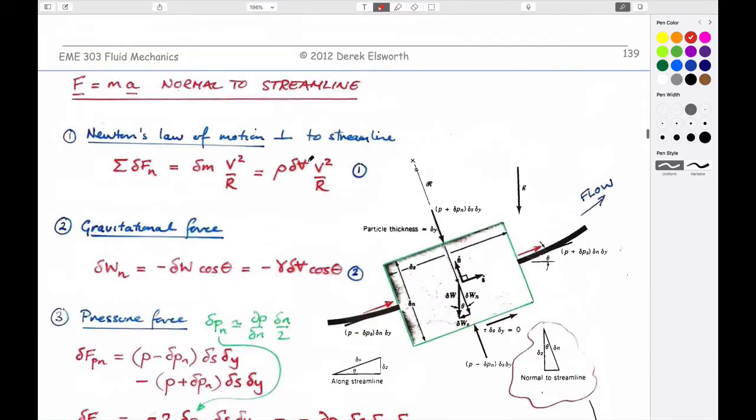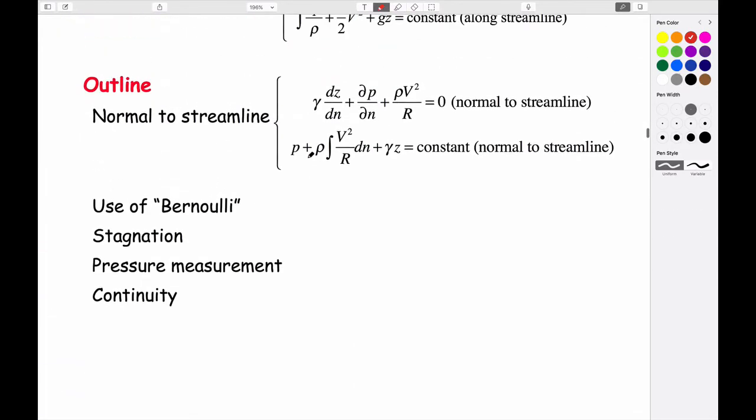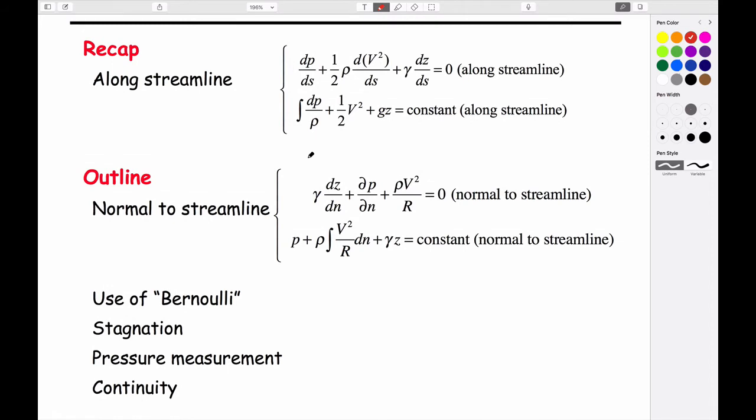So we might, for instance, be interested in figuring out exactly what the acceleration along a streamline is, for the same reasons as we've talked about accelerations in Cartesian coordinates. And so we know that Bernoulli's equation we can write in differential form along a streamline, and also in differential form normal to the streamline.